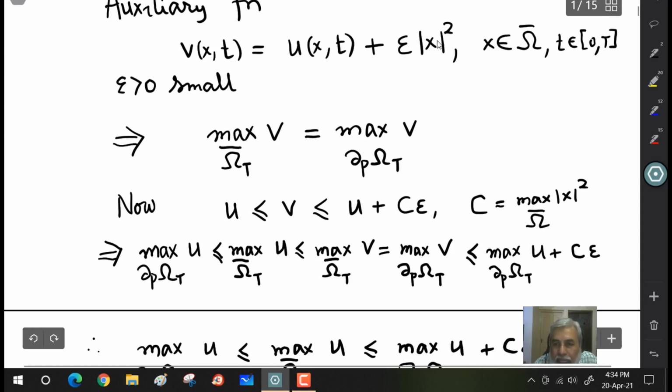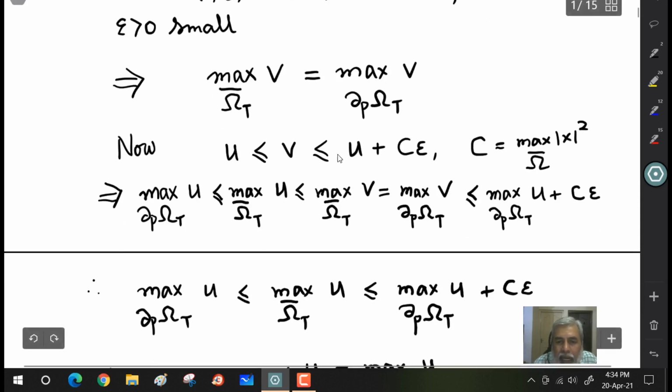There is no t here. For the weak maximum principle, this auxiliary or test function is a very simple one, but for the strong maximum principle, we need the construction of some special test functions which are not trivial.